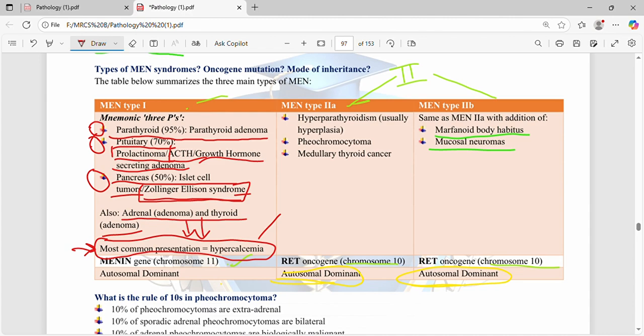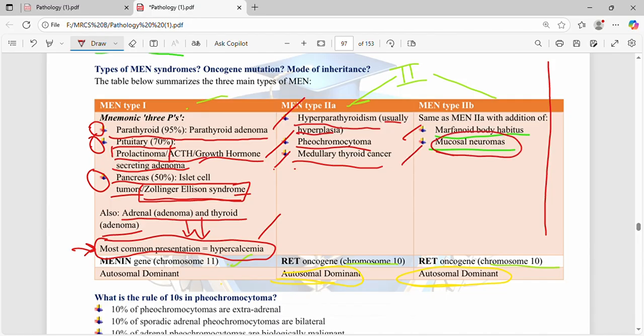So MEN type 2: in MEN type 2 we have hyperparathyroidism, usually hyperplasia, pheochromocytoma and medullary thyroid carcinoma. This is the triad here. MEN 2B is the same, with hyperparathyroidism, pheochromocytoma and medullary thyroid carcinoma, but in addition a marfanoid habitus, meaning the patient will be long and lanky like Marfan syndrome, and mucosal neuromas.